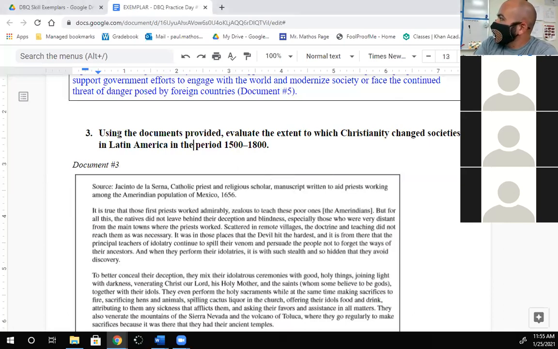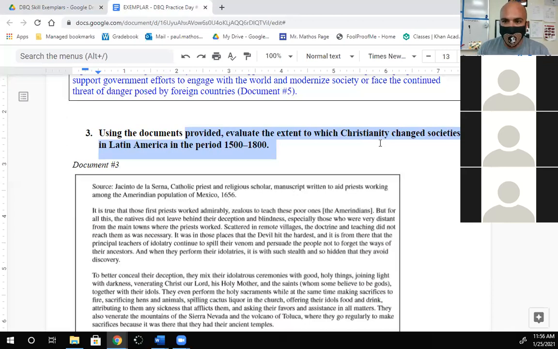So when I look at this prompt, using the document provided, evaluate the extent to which Christianity changed societies in Latin America in the period 1500 to 1800. I love these prompts, because it started off as one of the harder formats, but now since I know how to teach it, it's become easier. This prompt is telling you that Christianity changed societies.